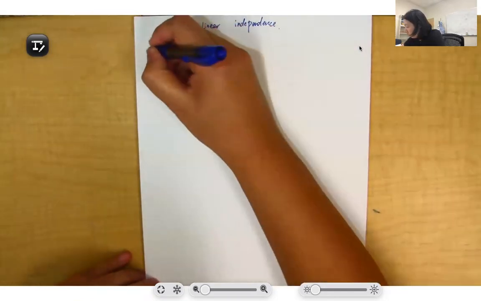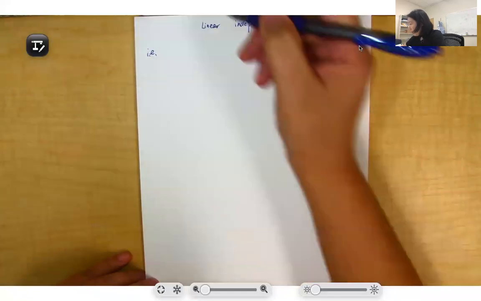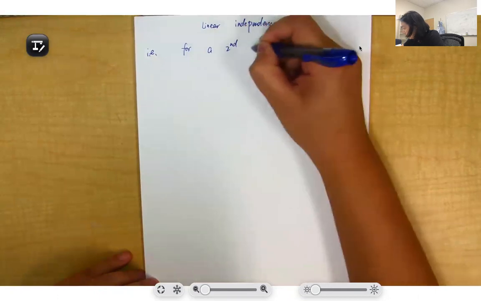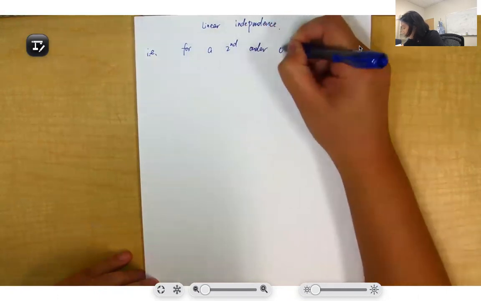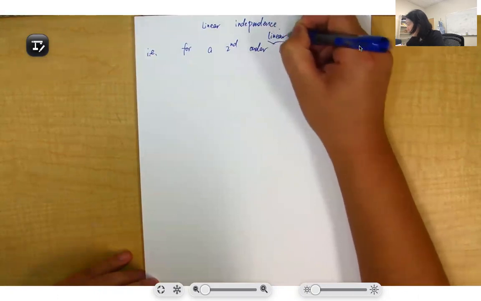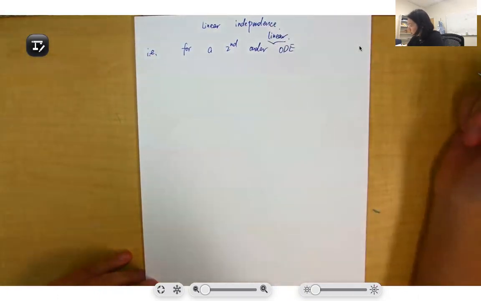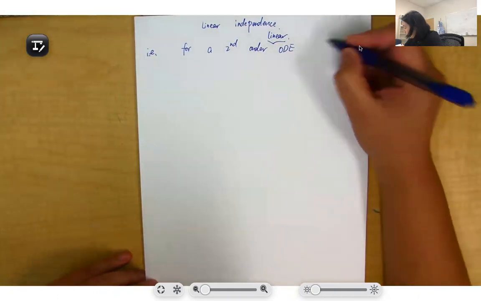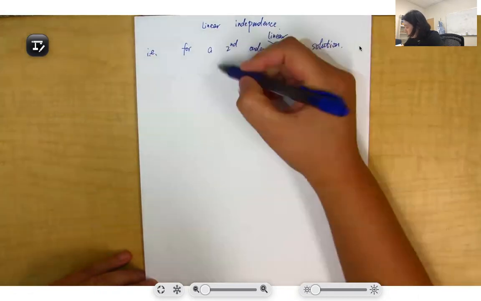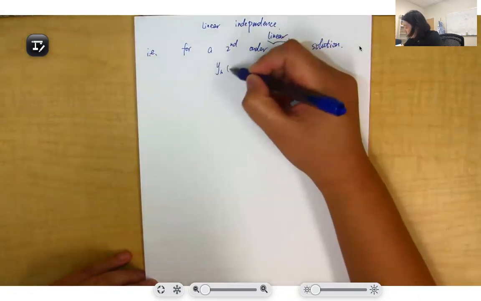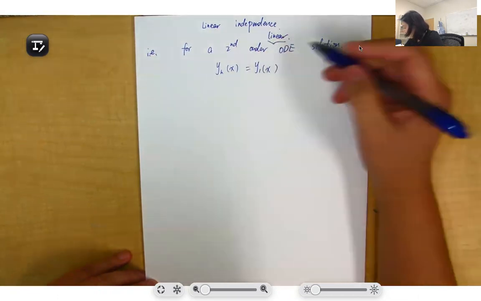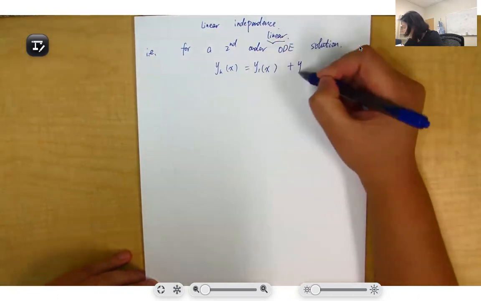So for example, for a second order linear ODE, the solutions between y1 and y2, the homogeneous solution yH(x), will be equal to y1(x) and y2(x).